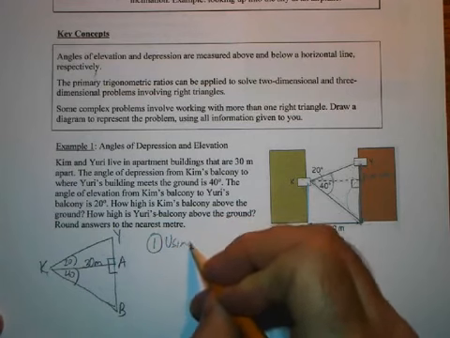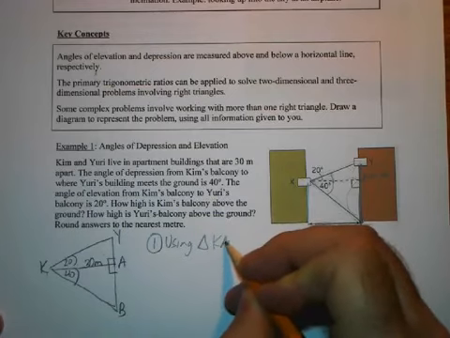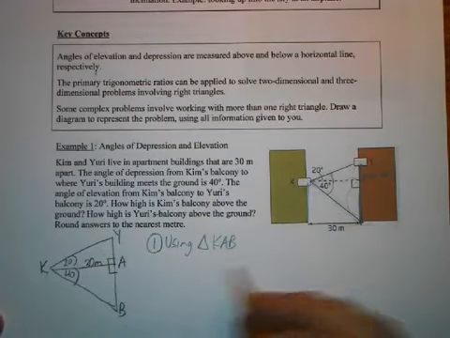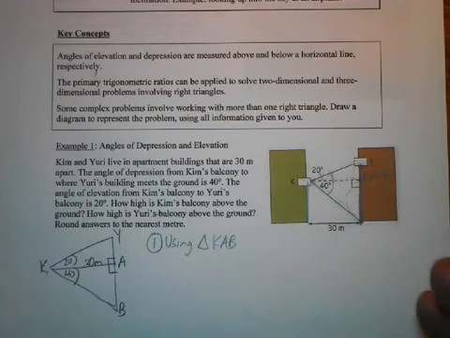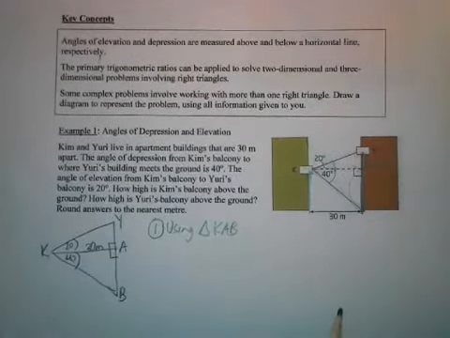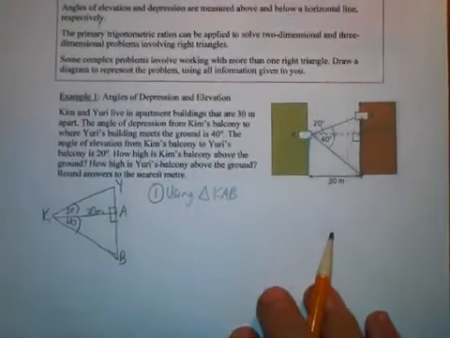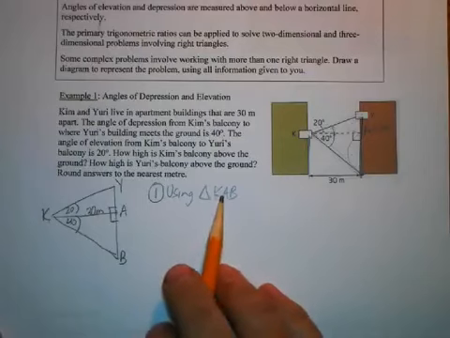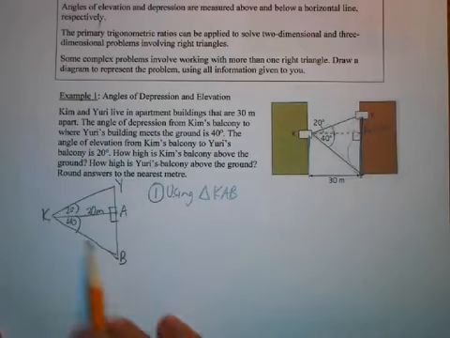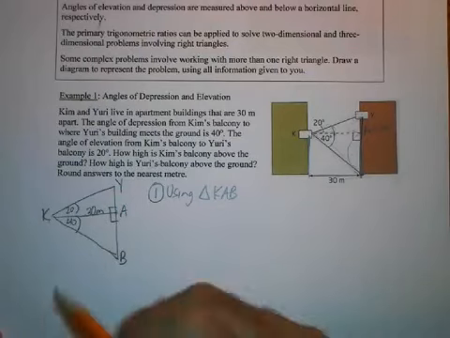So using triangle KAB, and that's important because I don't want to just start throwing angles and sides around and your friend or your teacher has no idea what you're talking about. Communication is very important.